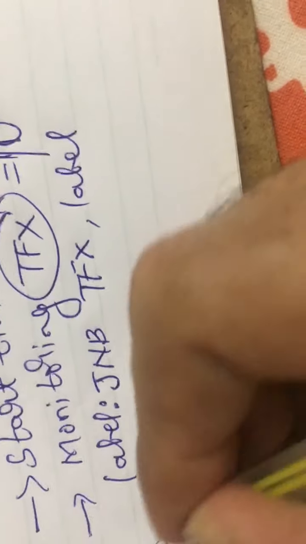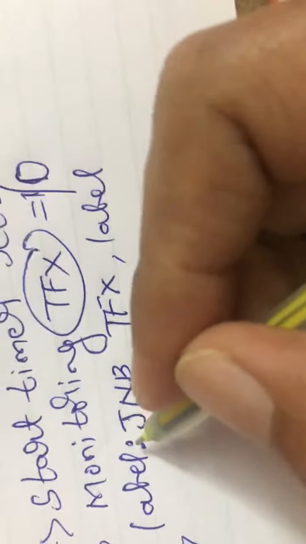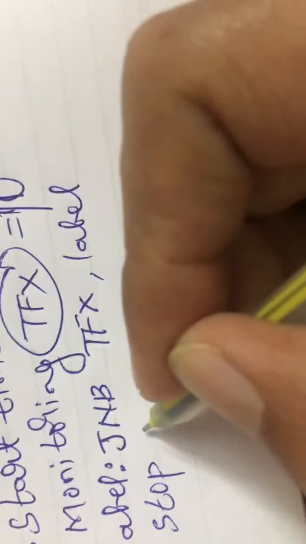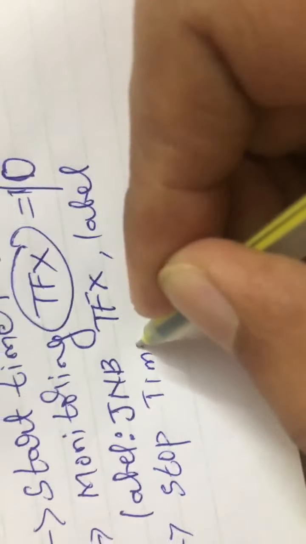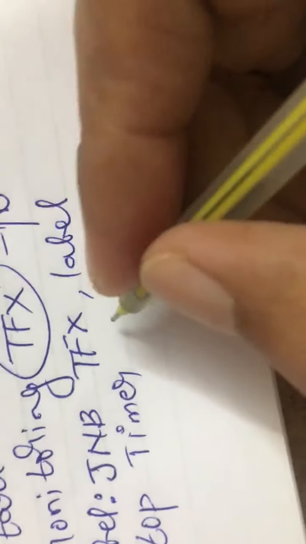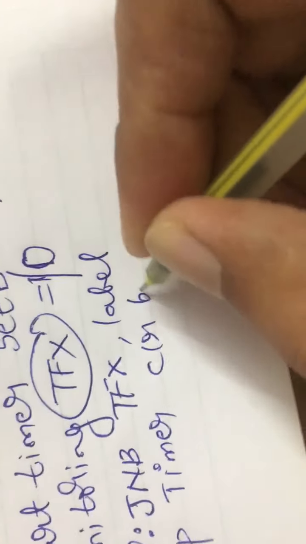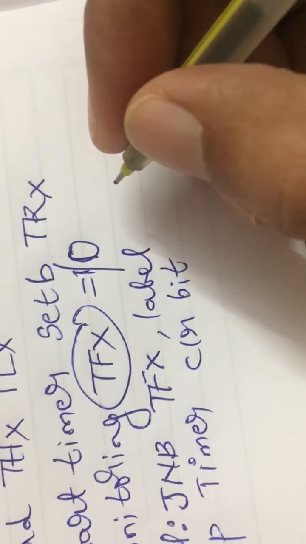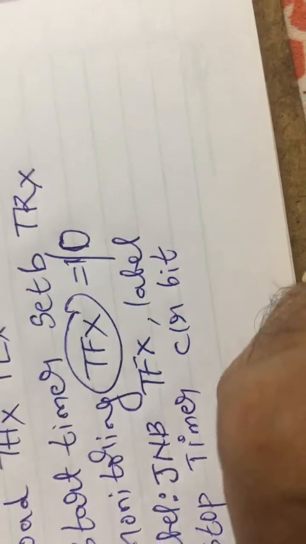Then what is the fifth step? After it resets back, we need to stop the timer. So how is the timer to be stopped? With the help of CLR bit. So CLR, that particular bit, right? So next, the sixth step.